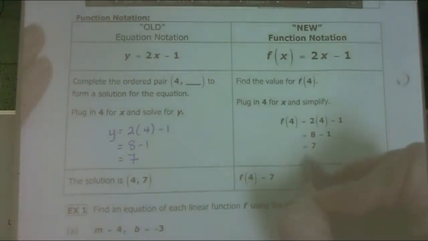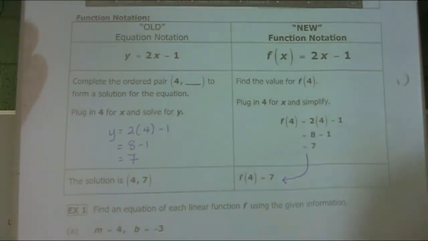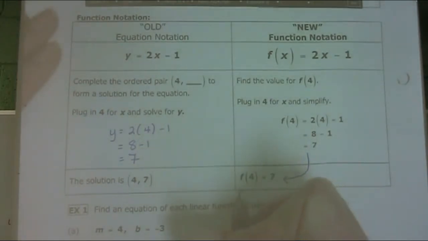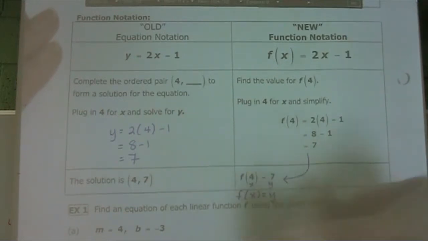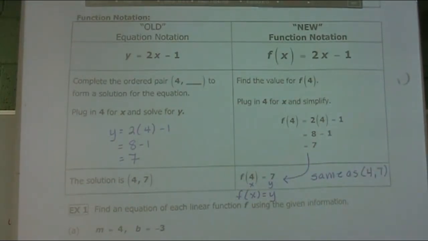Then we write our solution like this: f of 4 equals 7. And notice, since f of x equals y, this is an x value, this is a y value. So this is the same as the point (4, 7). Same thing, just written differently.